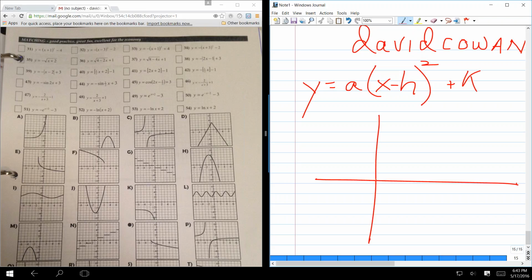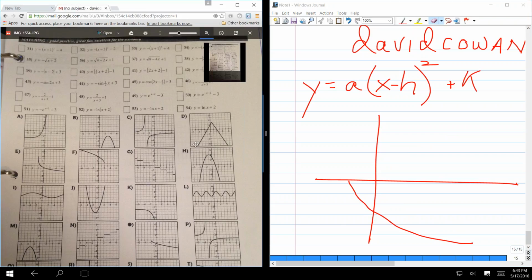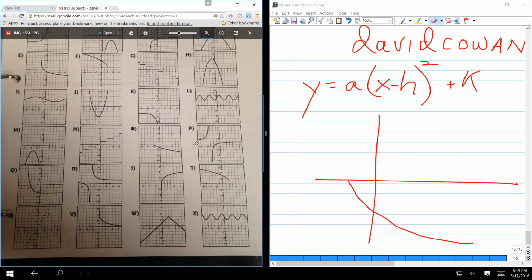Correct. And this is what it looks like normally. Okay, so you do the flipping first. Move it 2 to the left, looking for something like that. The answer. Yep.